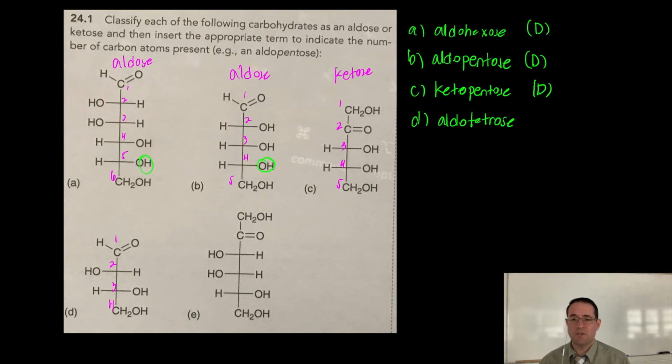Just like the naming conventions in general chemistry, we drop off the A, okay? And that's also a D configuration. This next one is a ketose, right? Because you have the ketone there, and this is 6 carbons. So this is going to be a ketohexose. Hex means 6. It ends in ose, as do all the sugars, and this is also in the D configuration, okay?